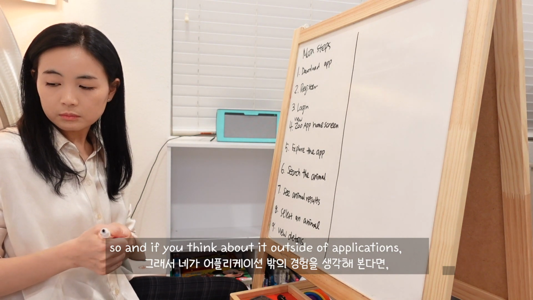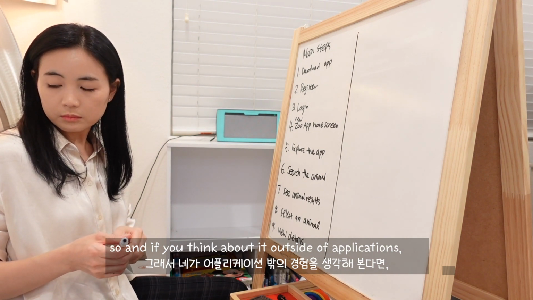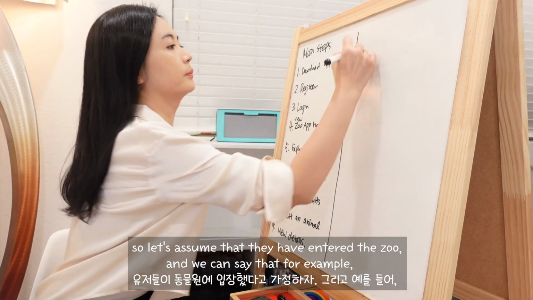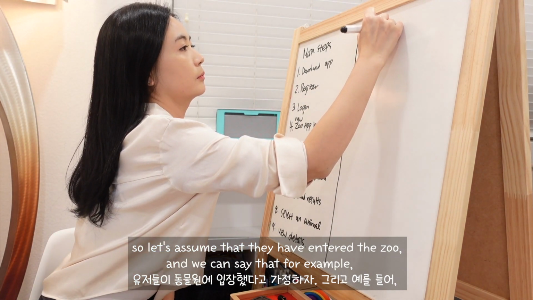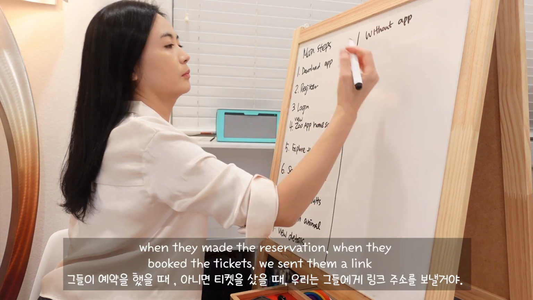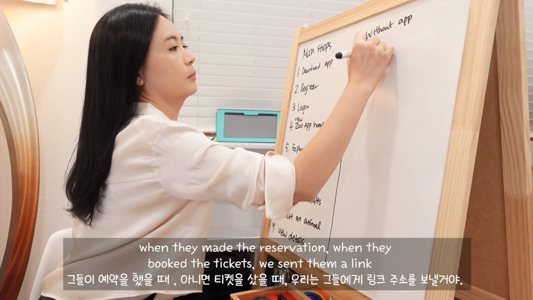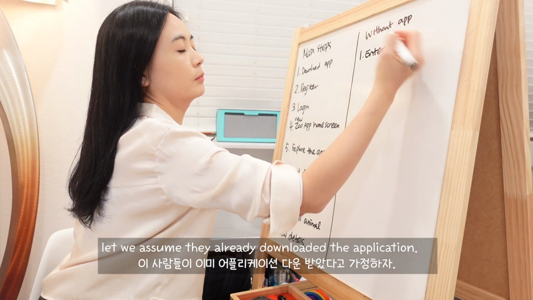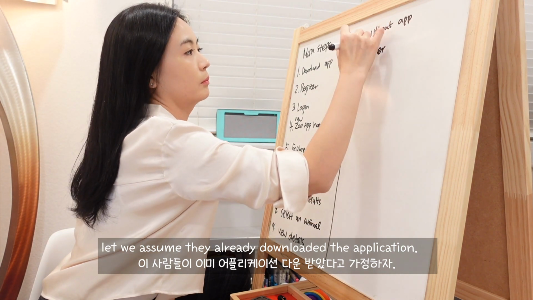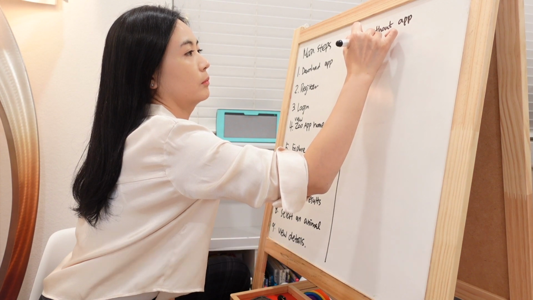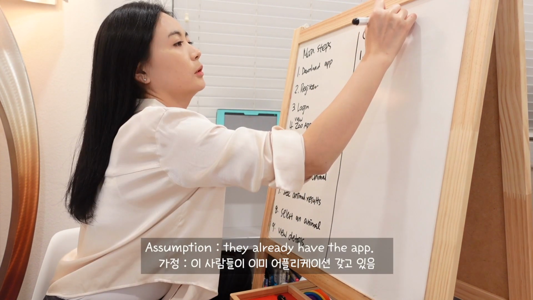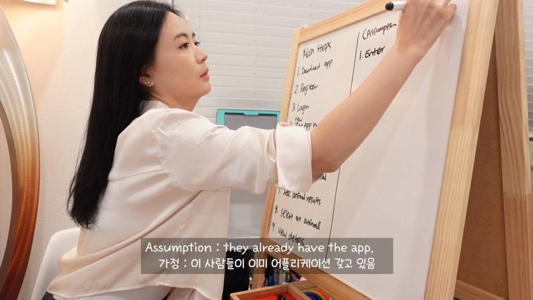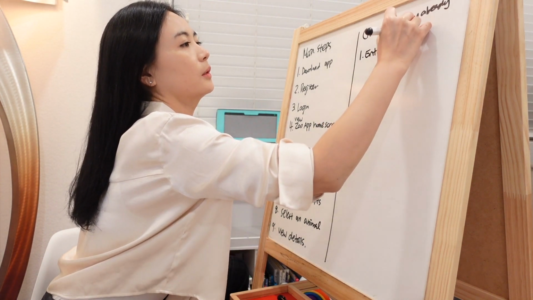If we think a bit outside the application, let's assume they have entered the zoo. When they made the reservation and booked the tickets, we sent them a link, so we can assume they have already downloaded the application. Okay, an assumption that they already have it. Yes, they have downloaded the application.